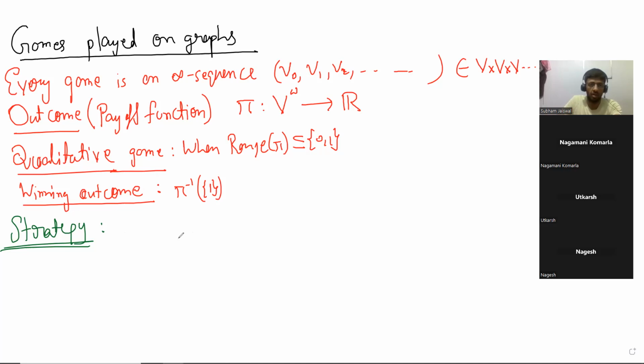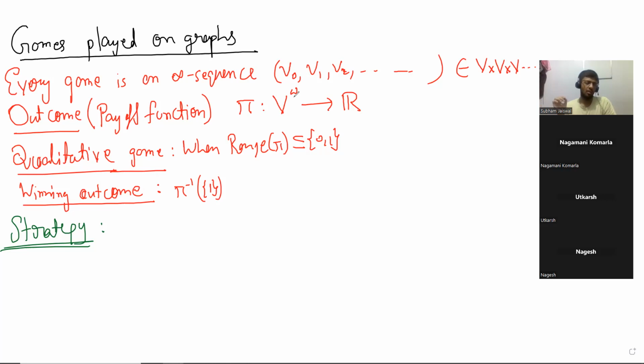Is it a permutation of V, or V0 or V1? Like a sequence of moves? Well, that is correct. It is a permutation.